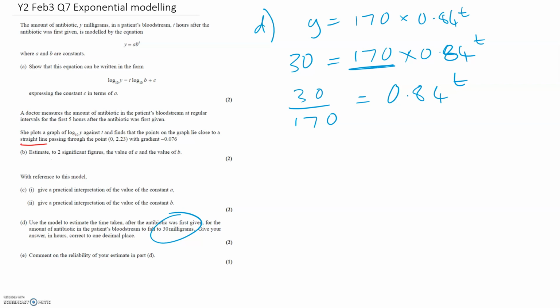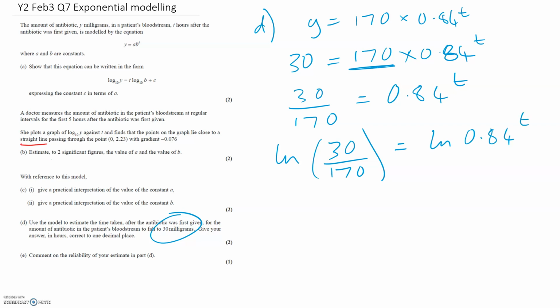Then you can take logs of both sides. It doesn't matter what the base is. So if we use natural logarithms, log to the base e of both sides, we'll have this equals this.